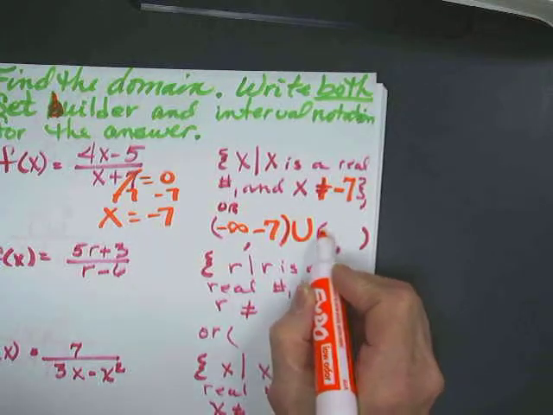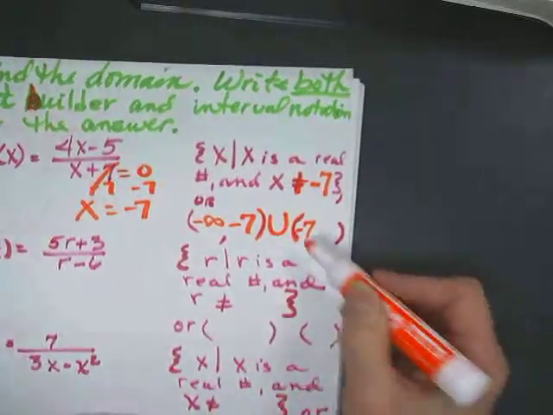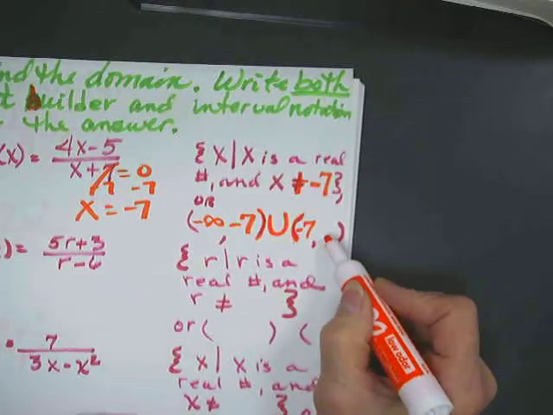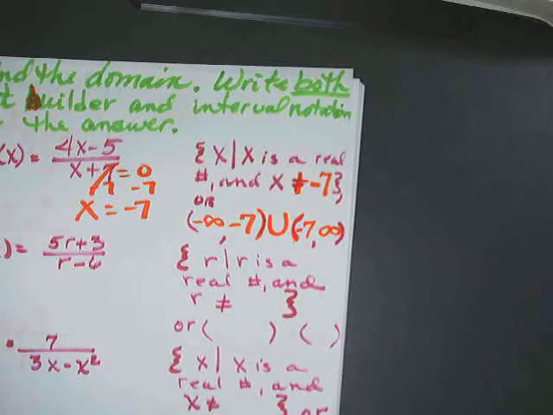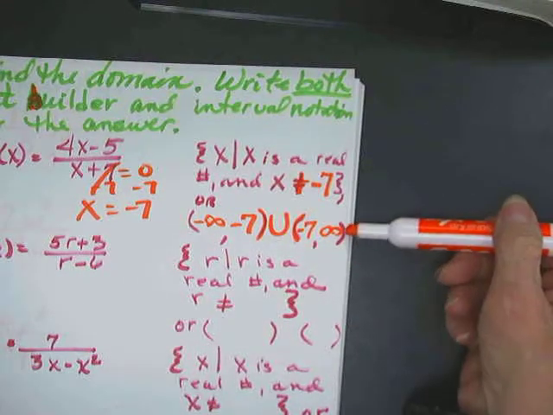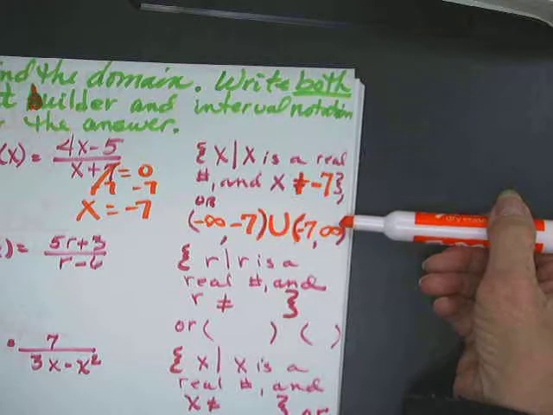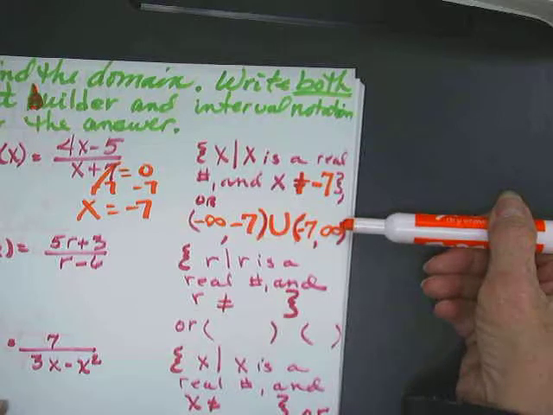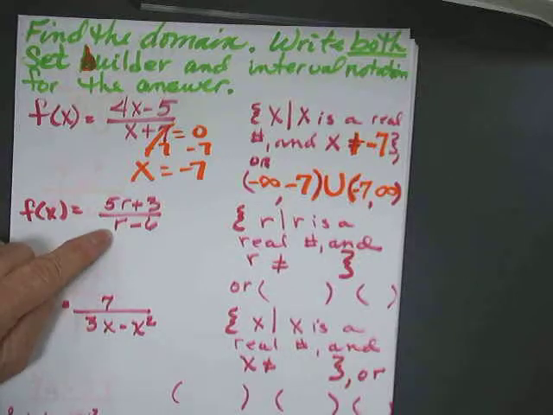And what do we do here in between it? Union. And we start at -7 again, but we don't include it. Remember, that's the parenthesis, not included. -7 to where? To positive infinity. So this is our interval notation for x is not equal to -7.